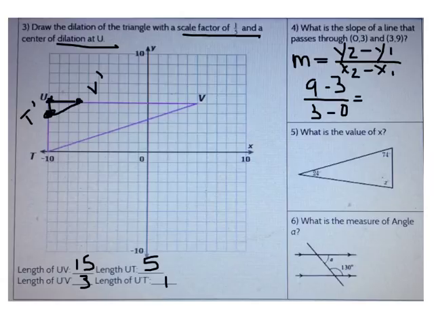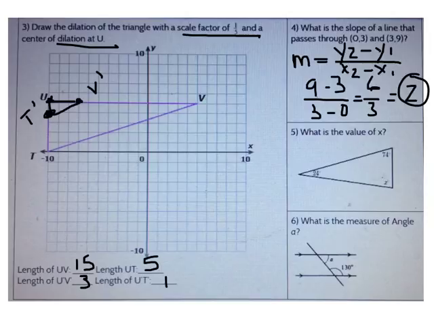What's 9 minus 3? It's 6. What's 3 minus 0? It's 3. Divide 6 by 3 to find the slope as a whole number. The slope is 2.